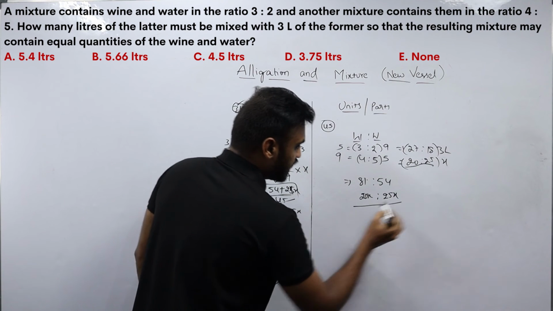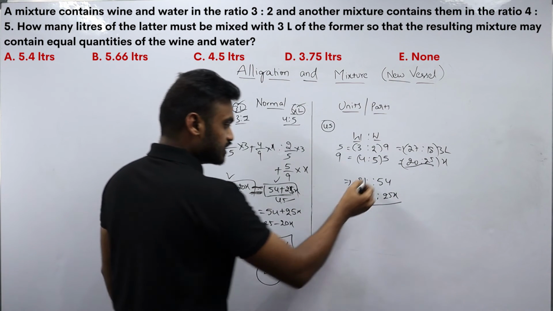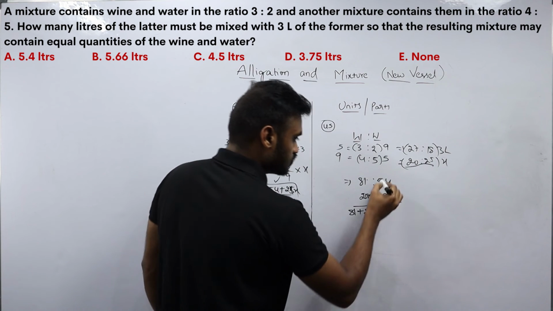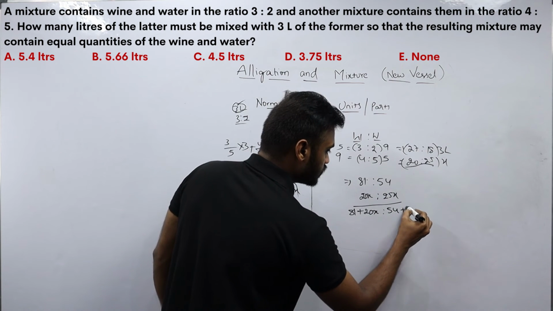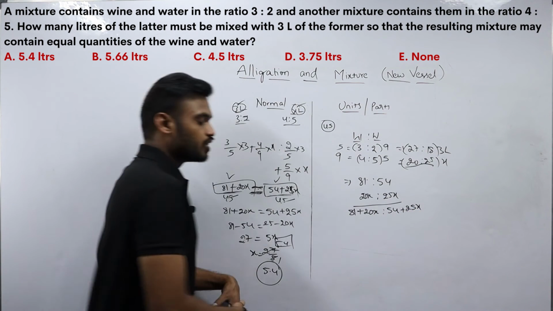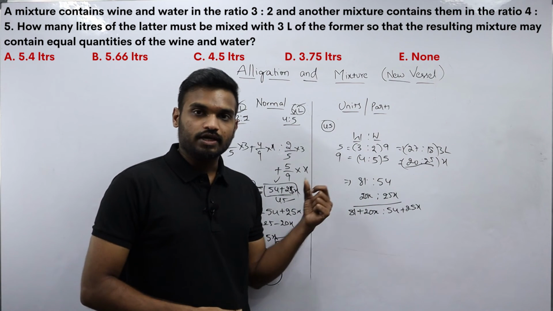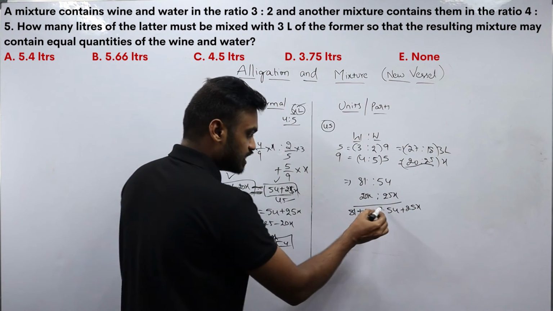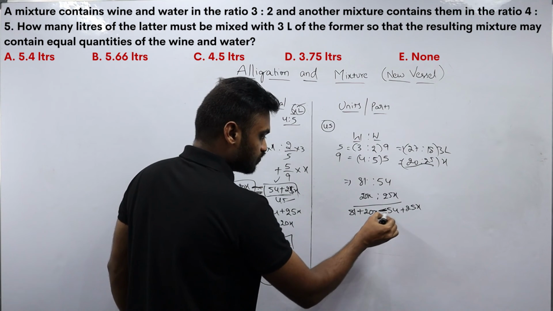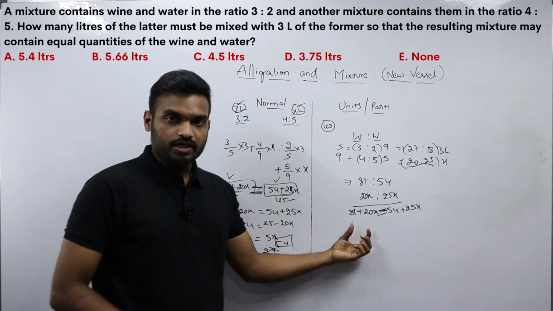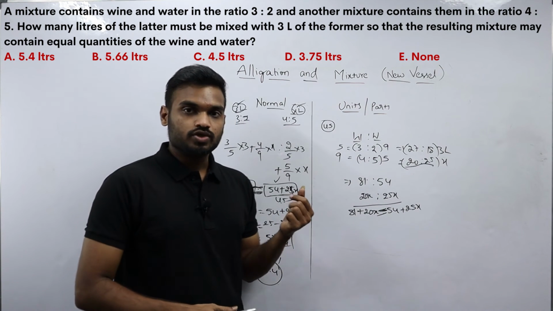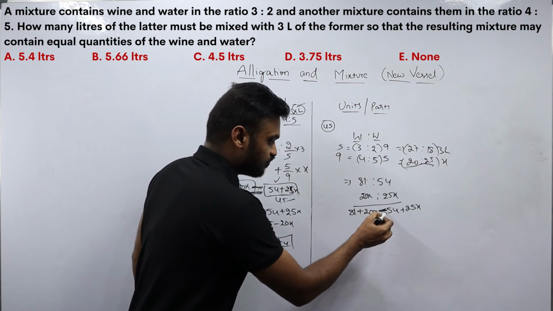If I add both ratios, I will get 81 plus 20x is to 54 plus 25x. Now what they are saying is, in the final quantity, the wine and water quantities are equal. So we can simply equate the ratios of wine and water.